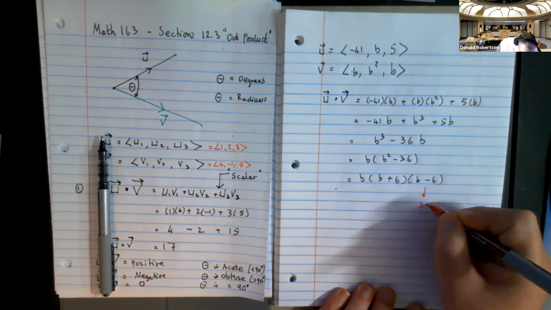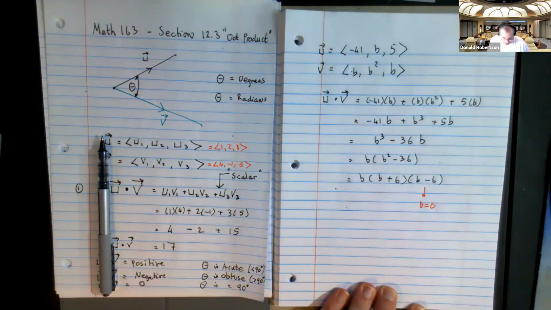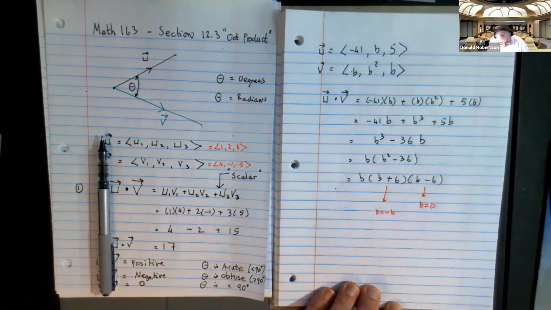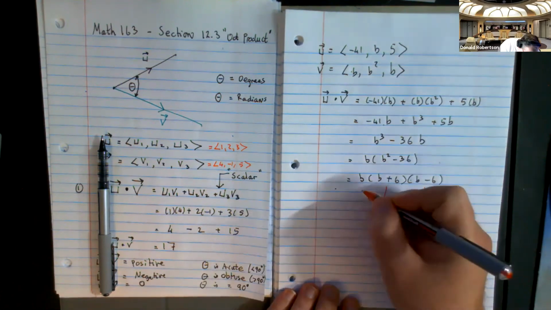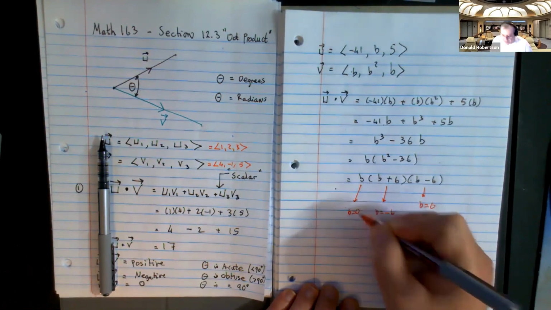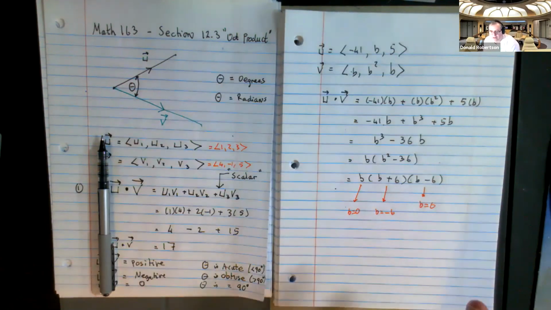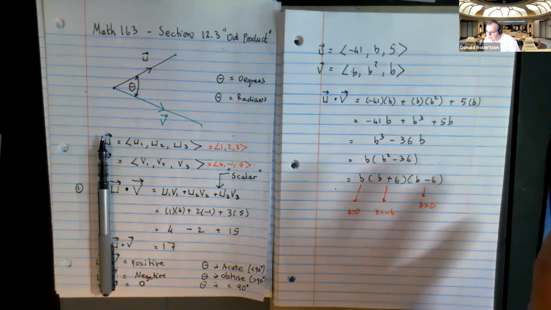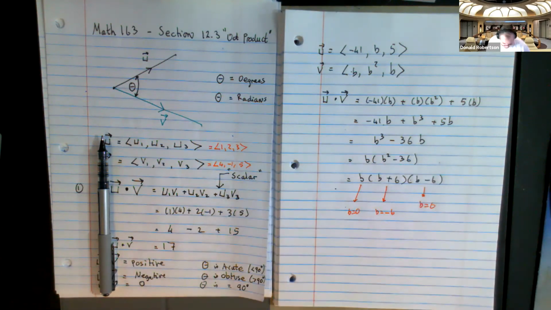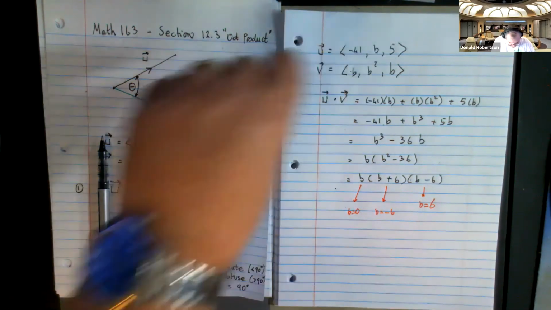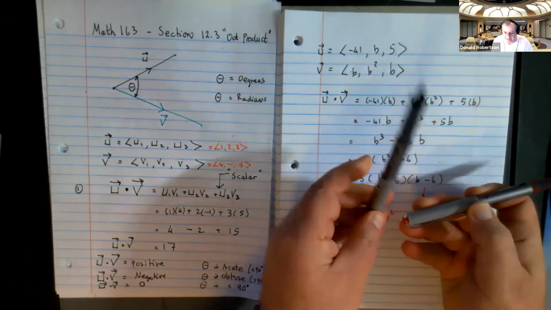If b is equal to 6, won't this be 0? And so they'll be at right angles. If b is equal to negative 6, it'll be 0. And if b equals 0, it will be 0. So these two vectors, although they're quite variable, you could pick any number in the universe for b, and you get a u and a v out of it. But out of all the permutations in the world, there's only 3 of them where these two vectors end up being 90 degrees.